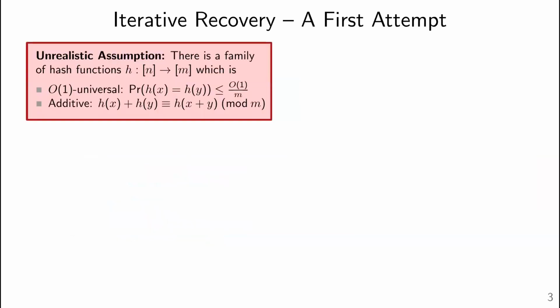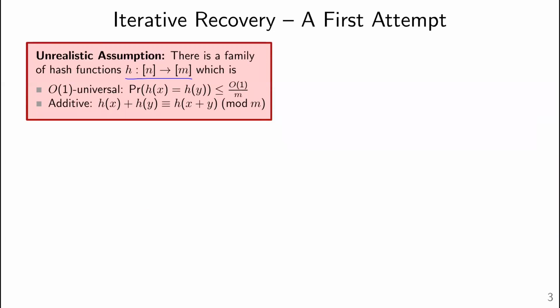And in fact, before we start with our algorithm, let me first outline a very typical approach to sparse recovery problems, which is called iterative recovery. For that, we assume, unrealistically actually, that there is a family of hash functions to m buckets, which satisfies these two properties.